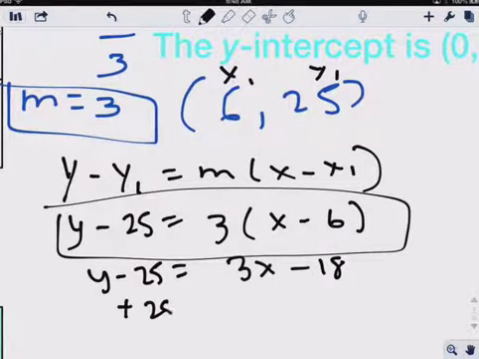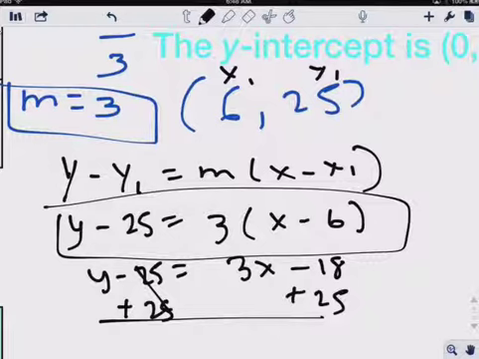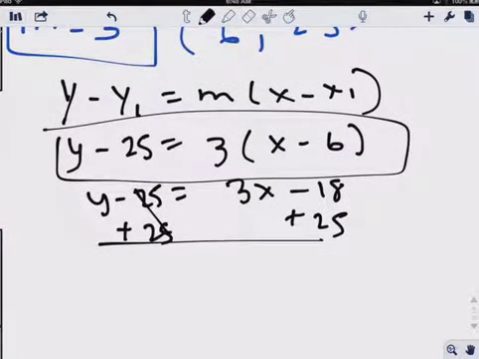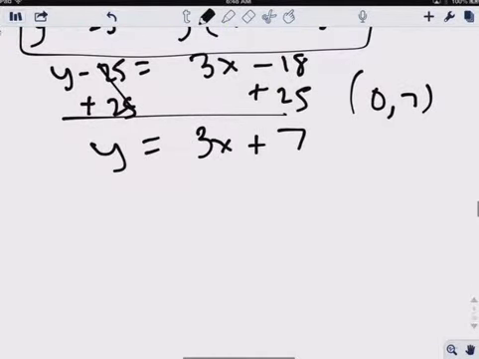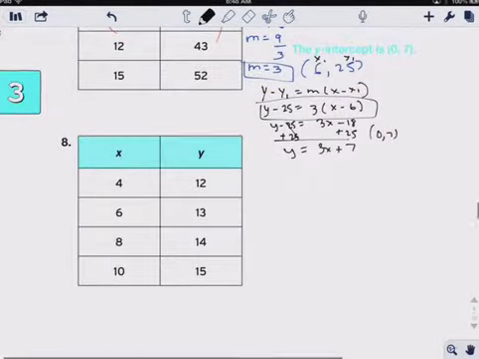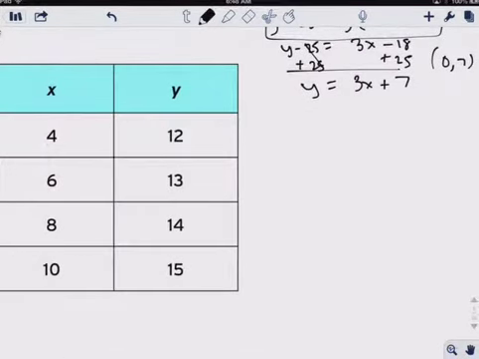Add 25, add 25. That's 7 right here. 3x plus 7 because it's a positive 7. So my y-intercept is 0, 7. I think most of you know how to do this, hopefully. A few of you that don't.